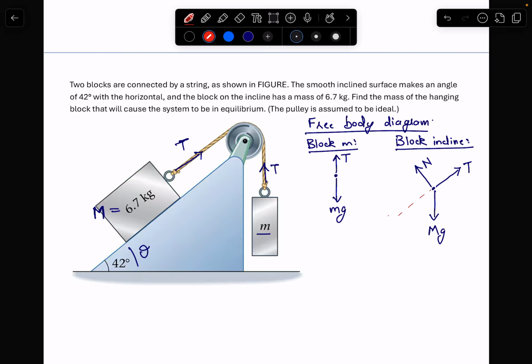So now let's figure out the angle. This is theta. So this should be 90 minus theta. If that's 90 minus theta, this should be theta. All right.